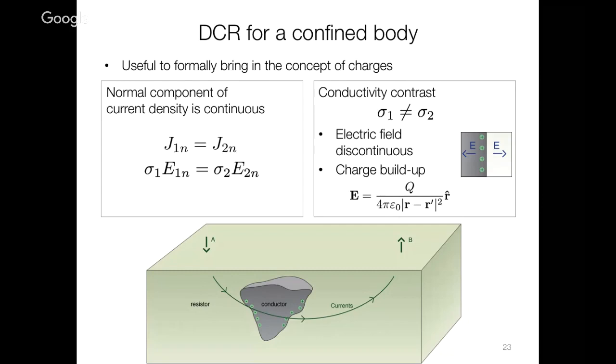J, according to Ohm's law, was sigma times E. So that means that J1 is sigma 1 times E1, whatever. And J2 is sigma 2 times E2, whatever the electric field is. But now we're crossing a boundary. This conductivity here is different from sigma 2. Then what does that mean about the electric field?